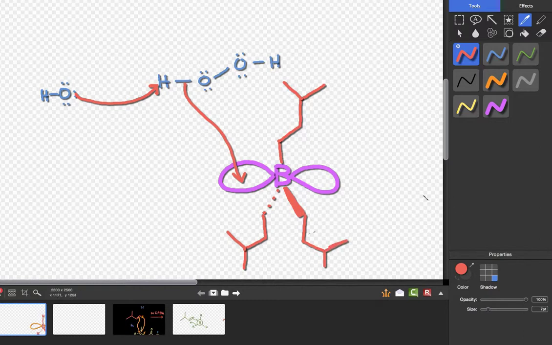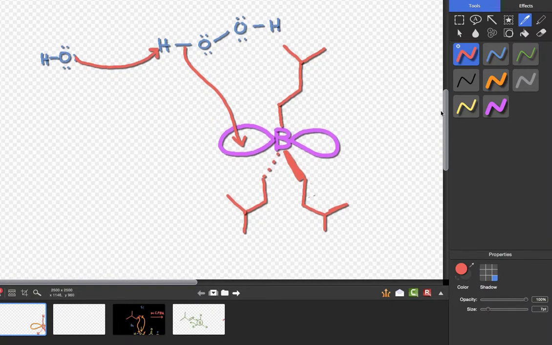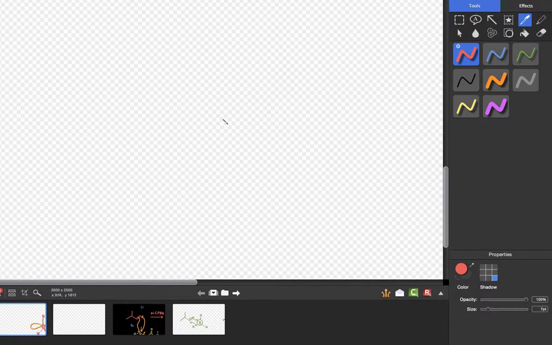Okay. So now this peroxide is going to attack, and that's going to give us a tetrahedral intermediate. So now we have boron making 4 bonds. I have the peroxide.